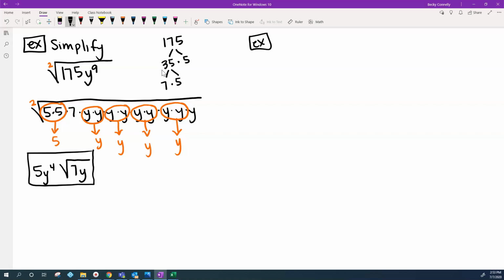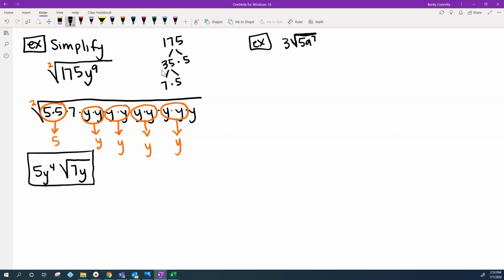This time we have 3 times the square root of 5a to the 7th power. And be really careful. Sometimes it's really easy to not put your square root over everything that's supposed to be inside there. So make sure you're really clear on what is under your square root and what isn't.